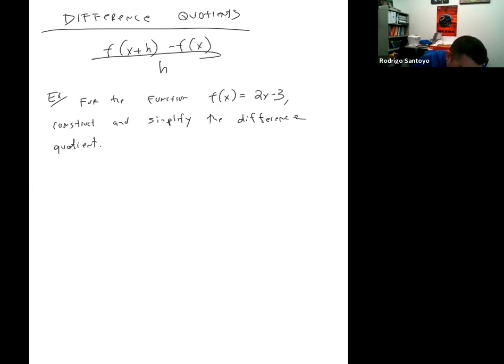So we just start with first, we just say, hey, f of x is 2x minus 3. Second, f of x plus h, right, means all we're doing is this entire thing, this x plus h, we put it into that x.